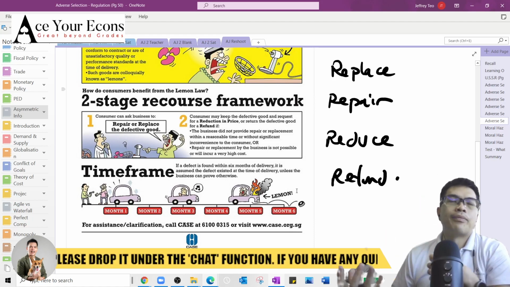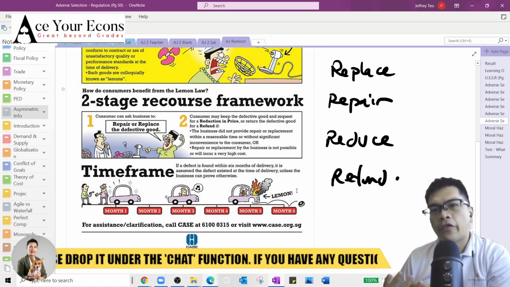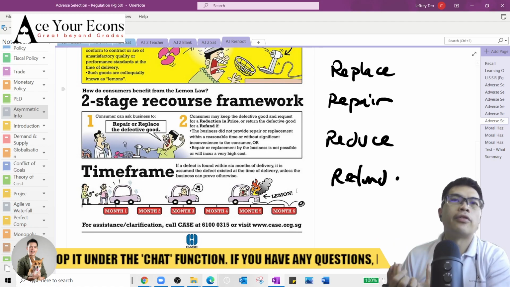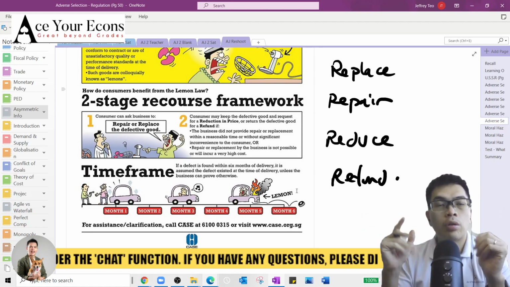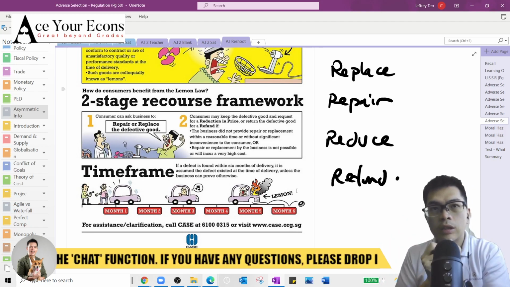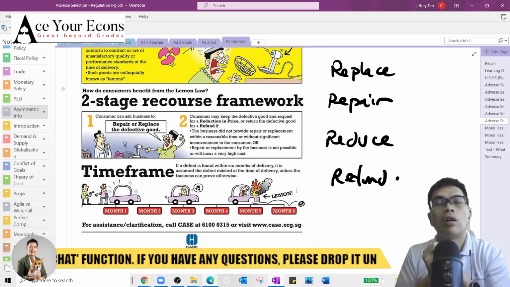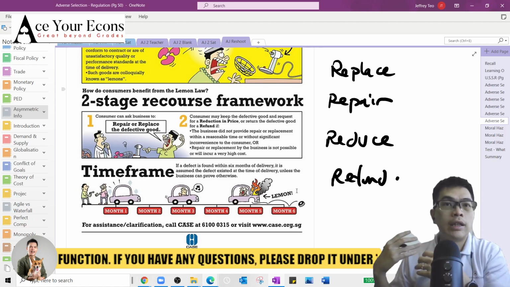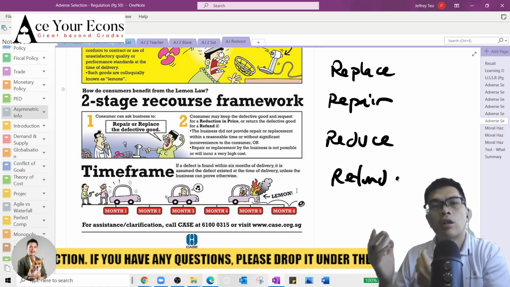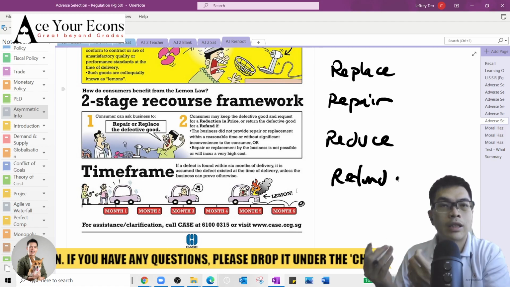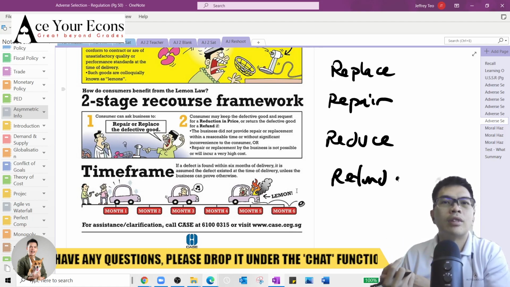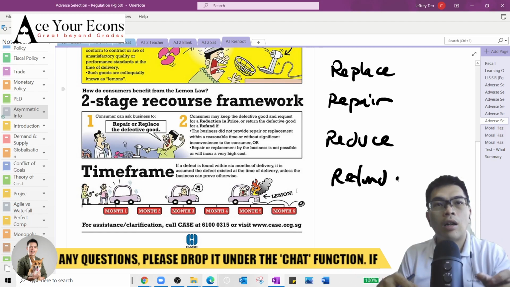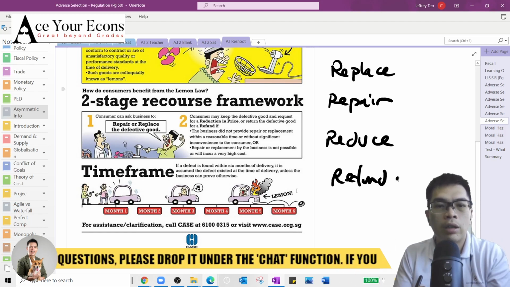Let's say if the producer failed to replace, repair, reduce, refund, then they will have to undergo a very long arbitral process, right? They have to discuss through the court. Is it worthwhile taking the producer to the court over a 100 or 1,000 item good product? No. Not really, right? So these are all transaction costs involved that you want to avoid.